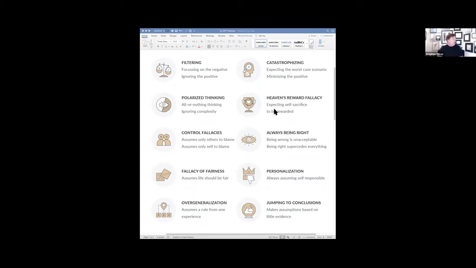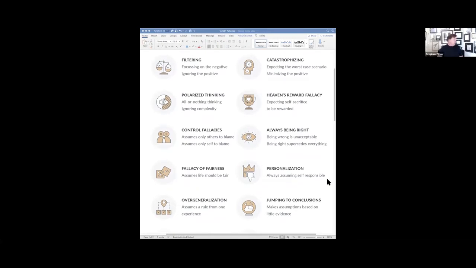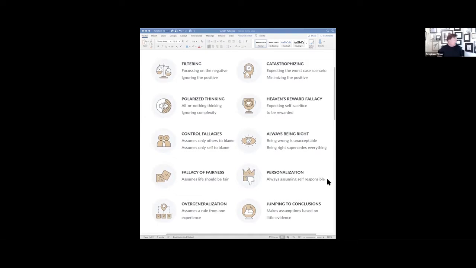You combine that one with, well, in fact, it's not on this one, but I'm going to add one that should be on this list, which is mind reading. So you add overgeneralization to mind reading, and you've got a path for disaster with your school, right? So one or two or three instances, and suddenly you generalize that to your entire student population, or you generalize it to everybody within a 10-mile radius of your school, right?